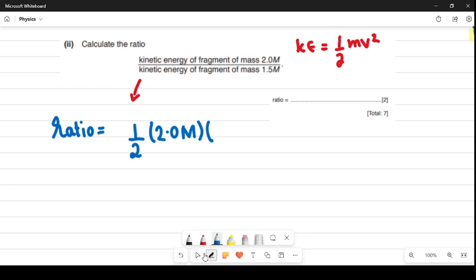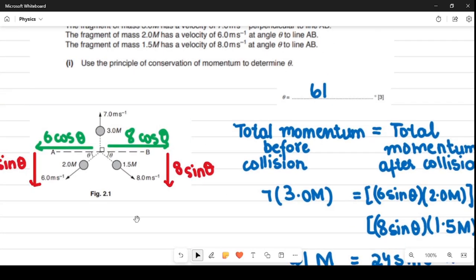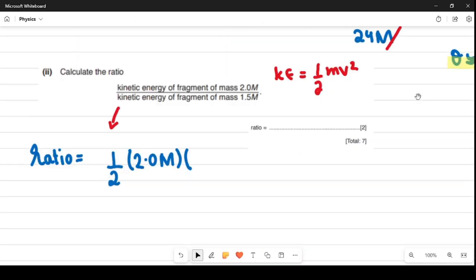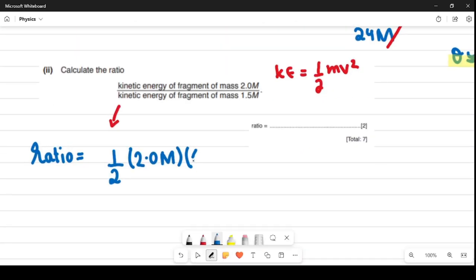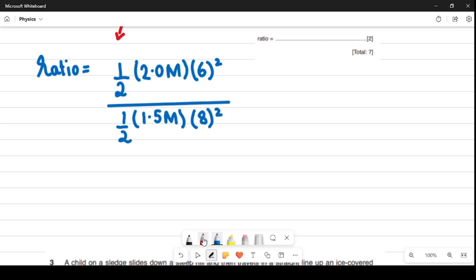And the speed of this fragment, 2m has a speed of 6. So we will be writing 6 square over the formula for kinetic energy for this 1.5 m fragment, which had a speed of 8 square. So my favorite thing to do, let's cancel, cancel, cancel and cancel.